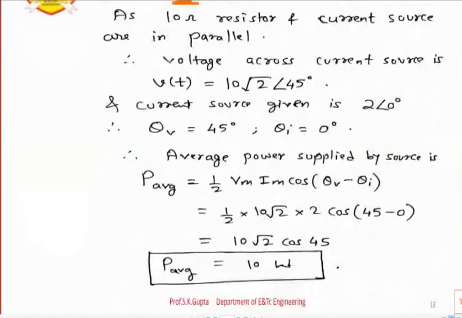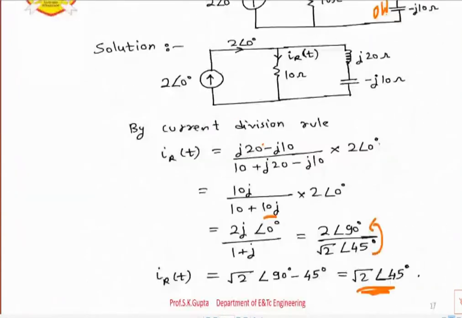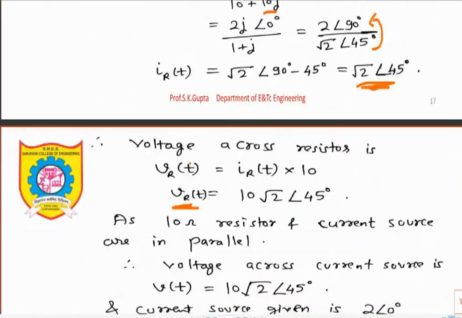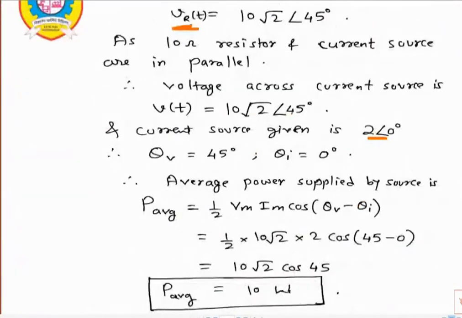So the voltage across the current source is the same as VR of t, equal to 10 root 2 angle 45 degree. The current from the source is 2 angle 0 degree. So just find Vm, Im, theta V, theta I, to get the average power supplied by the source.